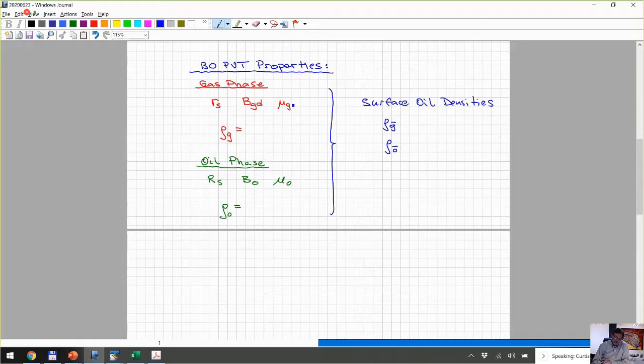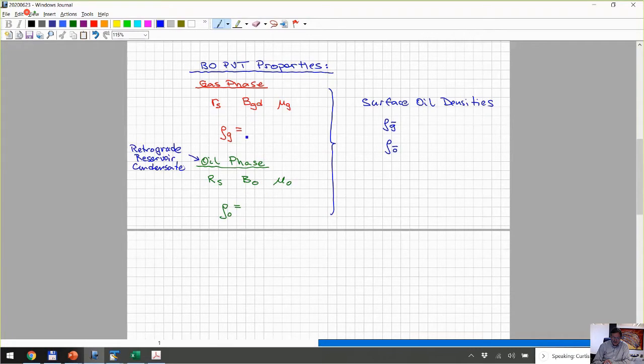For the oil phase, we have the solution gas oil ratio, for this oil, which is actually what we usually refer to as retrograde or reservoir condensate. It has the solution gas oil ratio, the formation volume factor, and its viscosity.